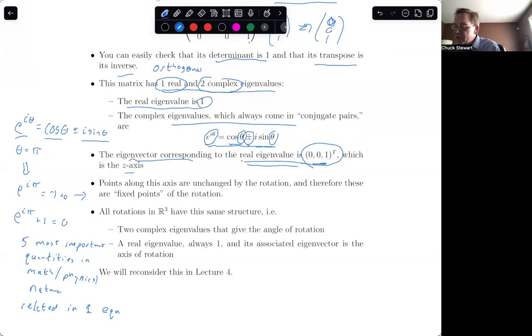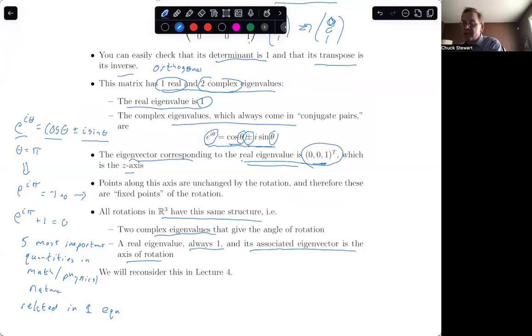Back to rotations in 3D, they all have the same structure. That is, there are two complex eigenvalues that give the angle of rotation through this cosine sine formula, and the real eigenvalue, which is always 1, and its associated eigenvector is the axis of rotation.